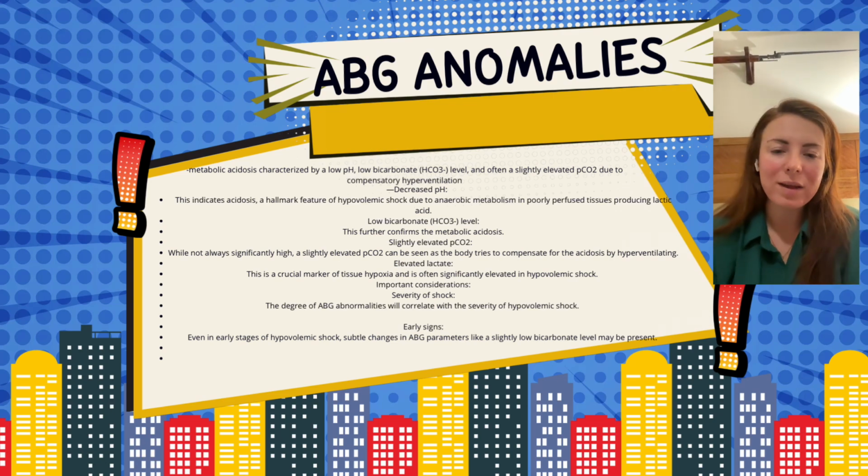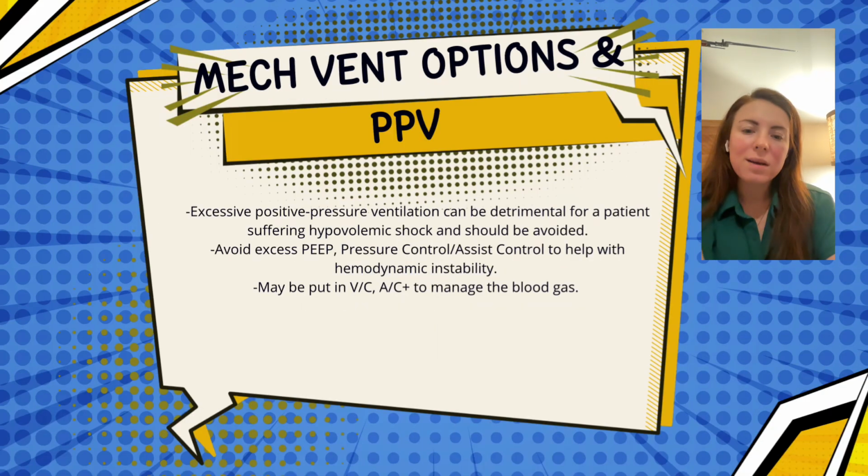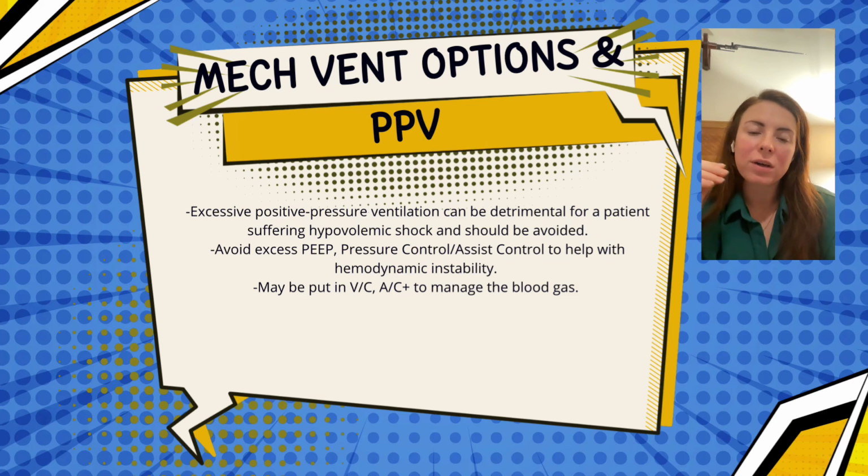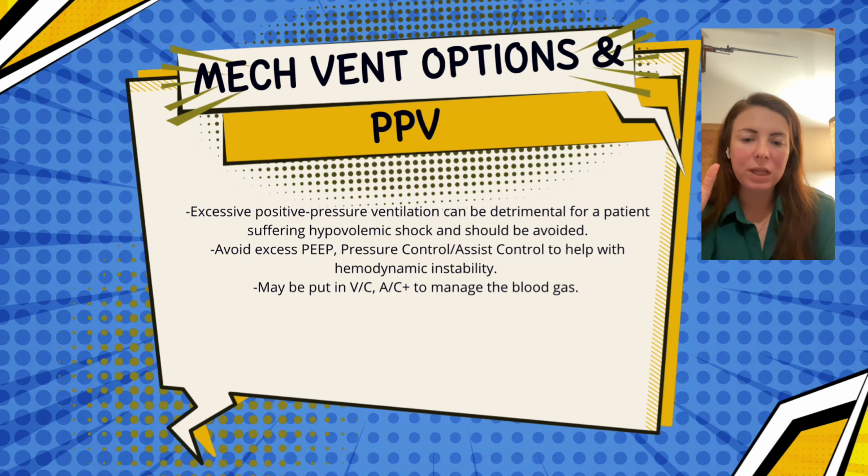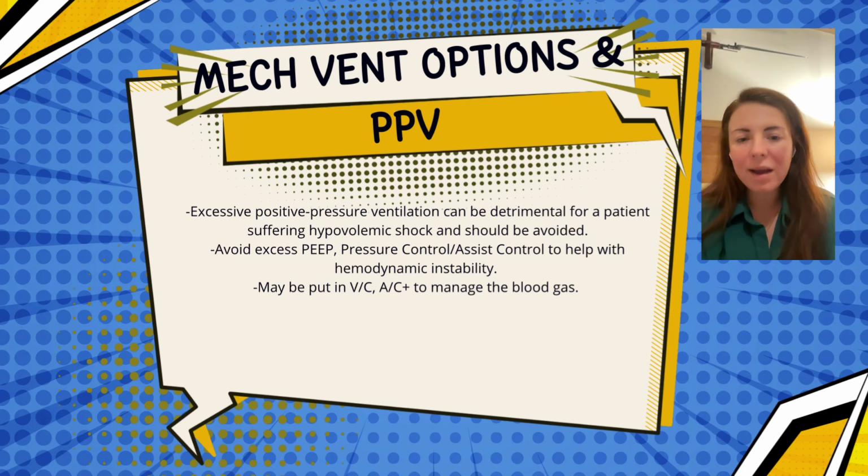So when it comes to mechanical ventilation, we really want to avoid positive pressure ventilation, mostly because when a patient is hypovolemic, they already have a decreased venous return and a decreased cardiac output, and they're usually hyperventilating to try to compensate for that.